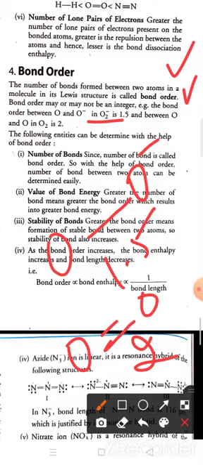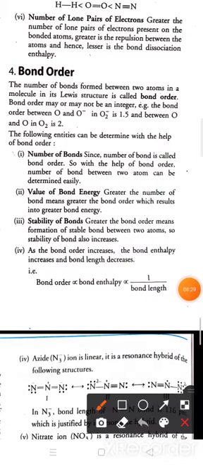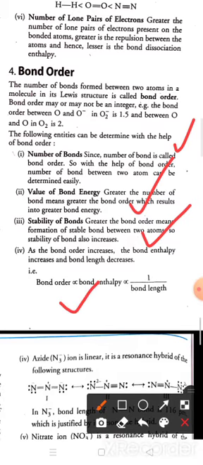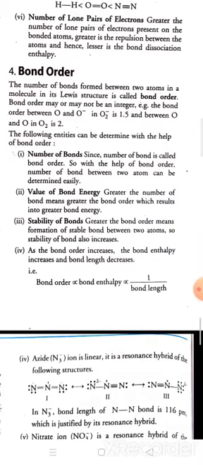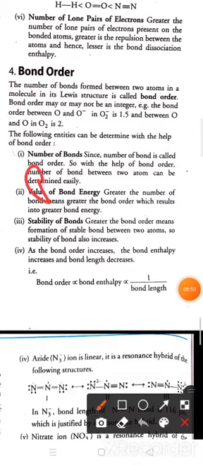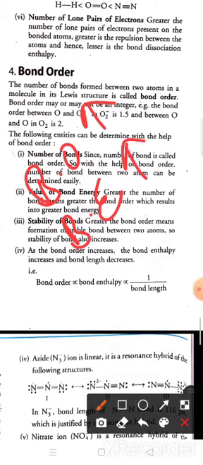We can get the following information from the bond order: first, the number of bonds; second, the value of bond energy; third, the stability of the bonds; and fourth, bond order is directly proportional to bond enthalpy and inversely proportional to bond length. That means if the bond order increases, the bond enthalpy or bond energy will also increase, but the bond length will decrease.